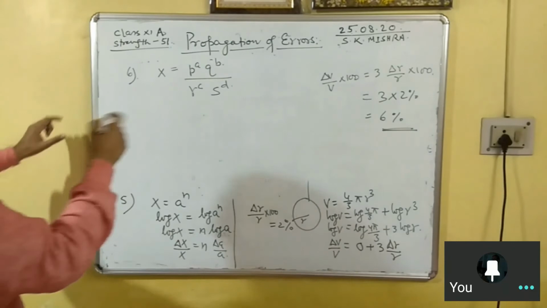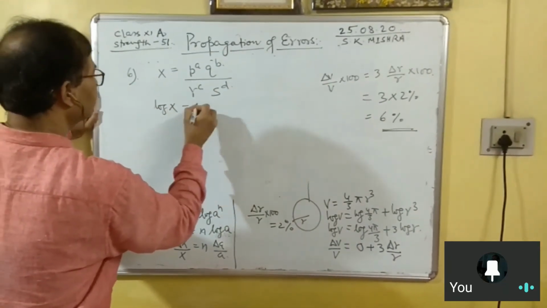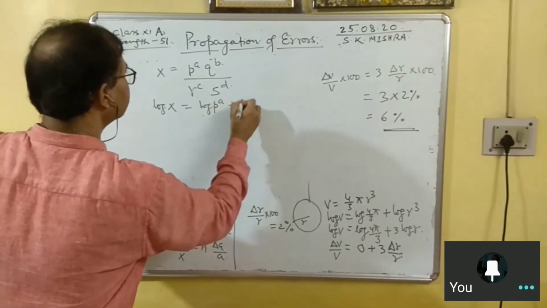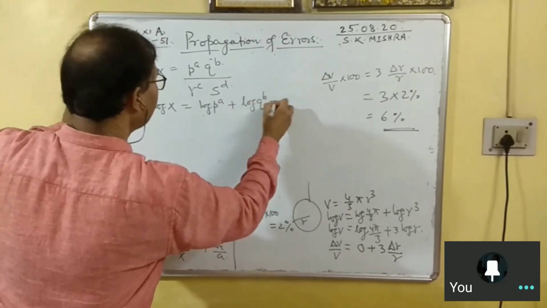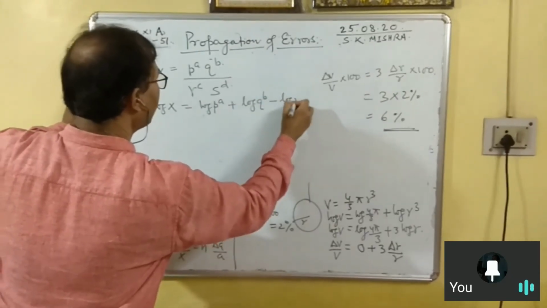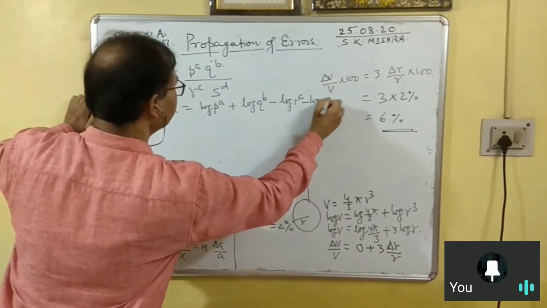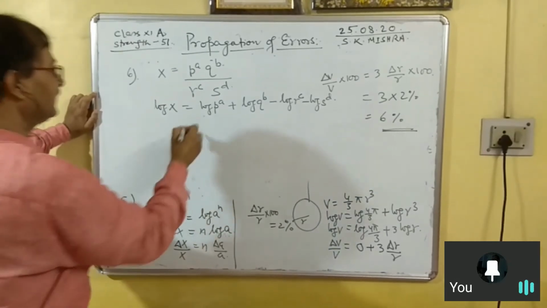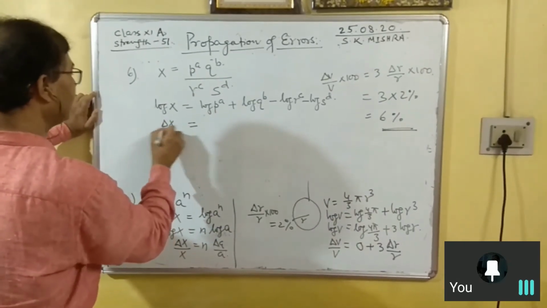Now the easy process: take the log of x. This is log p raised to a plus log q raised to b minus log r raised to c minus log s raised to d. If you differentiate it, this is del x by x.